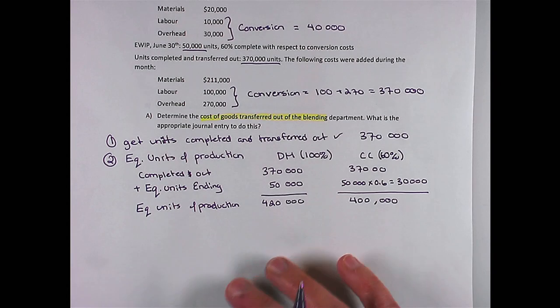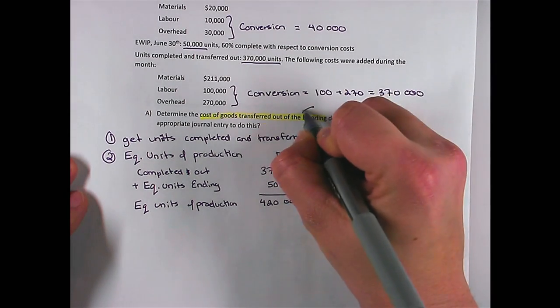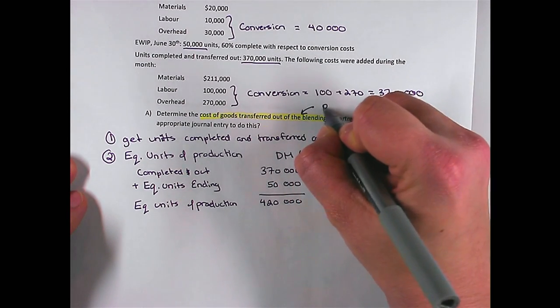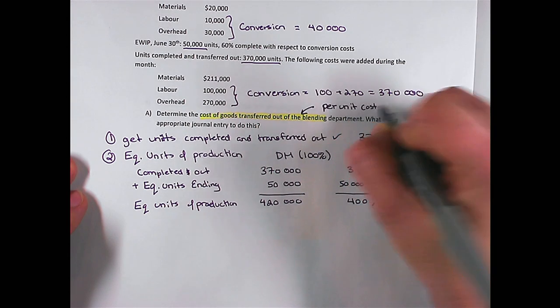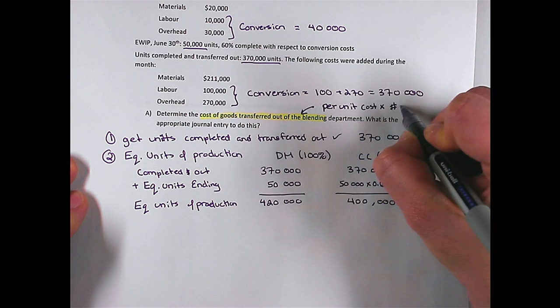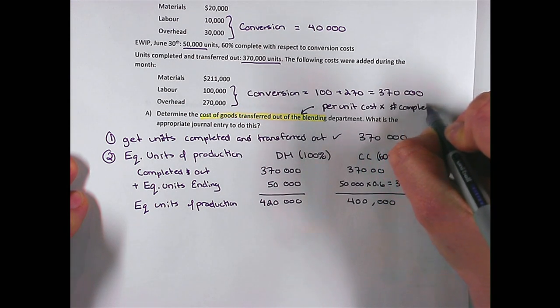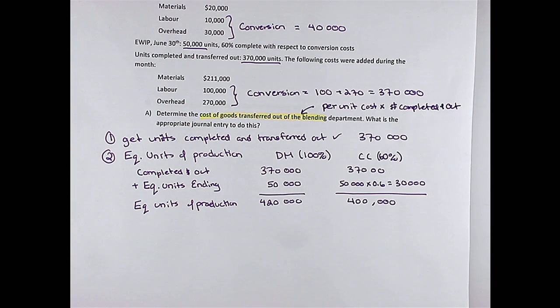And so before we can even get to that cost of goods transferred out, in order to do our total costs of goods transferred out, what we need is the per unit cost that we're going to multiply by the number of units that we completed and transferred out. But in order to get the per unit cost, we have to figure out what our total cost is.